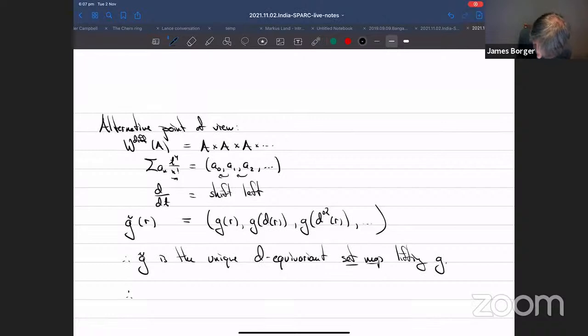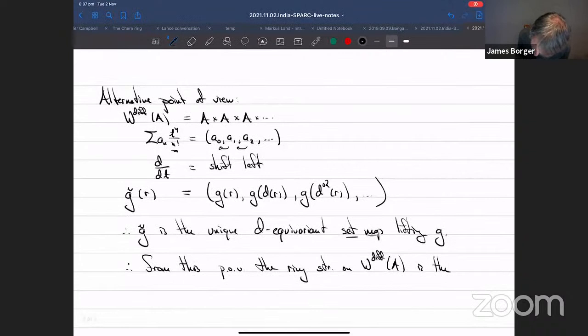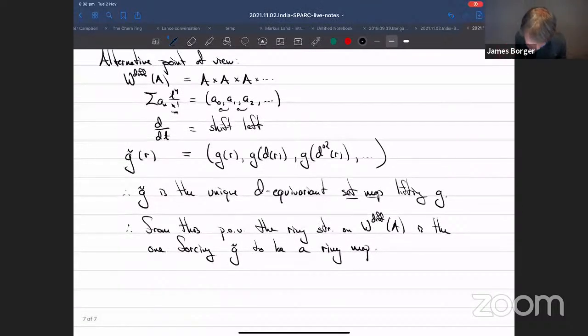And so from this point of view, I haven't even mentioned the ring structure on the power series. The ring structure on W diff of A is forced; it's the unique one forcing G tilde to be a ring map. I'm speaking abstractly here, but in fact it's a very concrete thing.